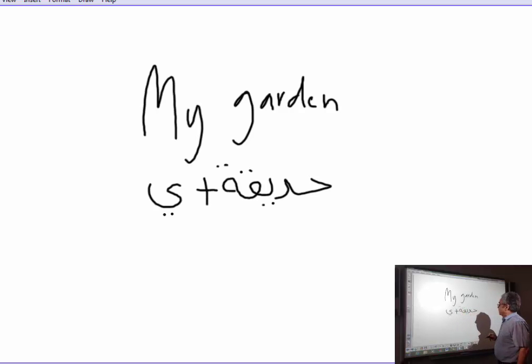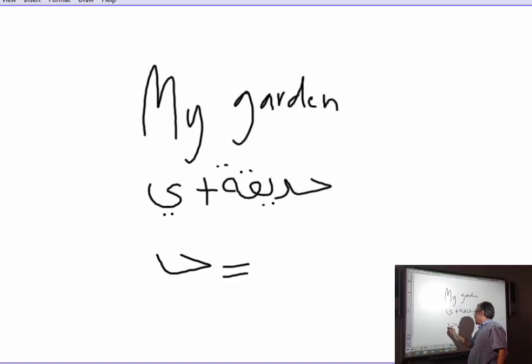So you can see in Arabic the attached pronoun. In English we say my, you put it at the beginning, my garden, like garden of mine in Arabic. So حديقة plus ta, I have to pronounce it. In this case, I need to get this ta back to what it originally was, because only the ordinary ta can be attached to the ya.